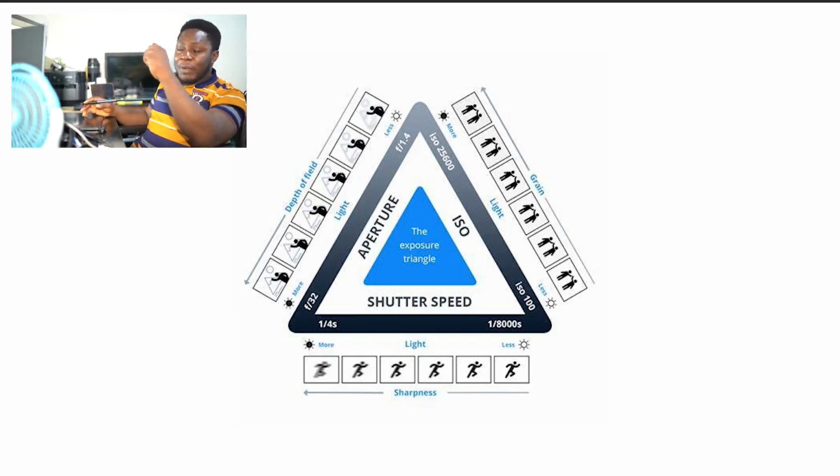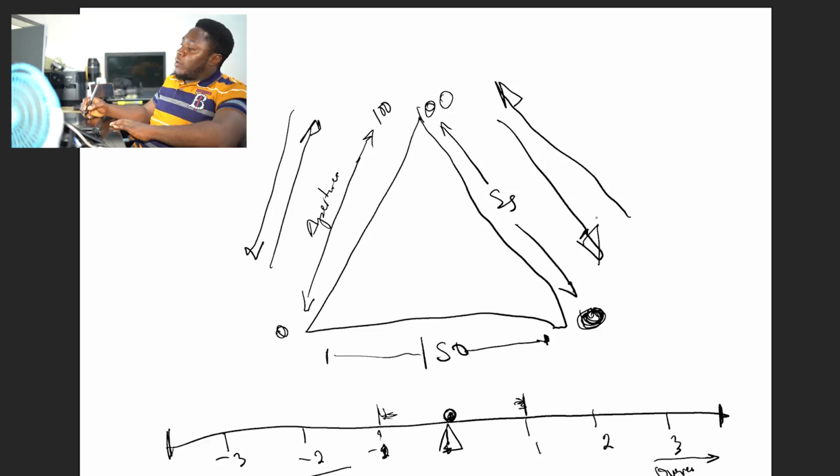But I will be increasing my aperture and at the same time increasing my shutter speed, and I will still make beautiful images. At the same time, I will be decreasing my aperture and decreasing my shutter speed, and I will still make beautiful images. Rules in photography are simply meant to be broken. The more you are able to break them, like I said, the crazier you will be in this work.